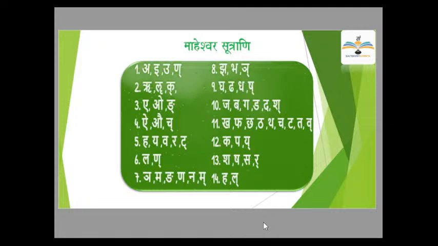So students, before you understand about the efforts, especially the external efforts, here I want you to learn about these Maheshvar Sutras in detail, right? So this is what we need to see first, and then we'll go through the external efforts. So here I am starting with the Maheshvar Sutra explanation.